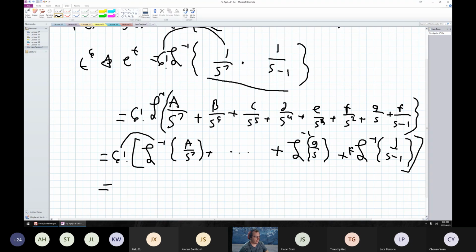That would be 6 factorial over s to the 7th, so that's just going to be my t to the 6th. The next term would need a 5 factorial, so here I would have a 6 left over, t to the 5th plus, and this pattern will continue down over to here.